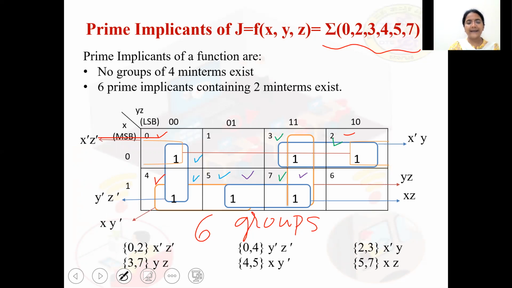Like this we will get 1, 2, 3, 4, 5, 6. Six groups are possible by considering grouping of two ones.